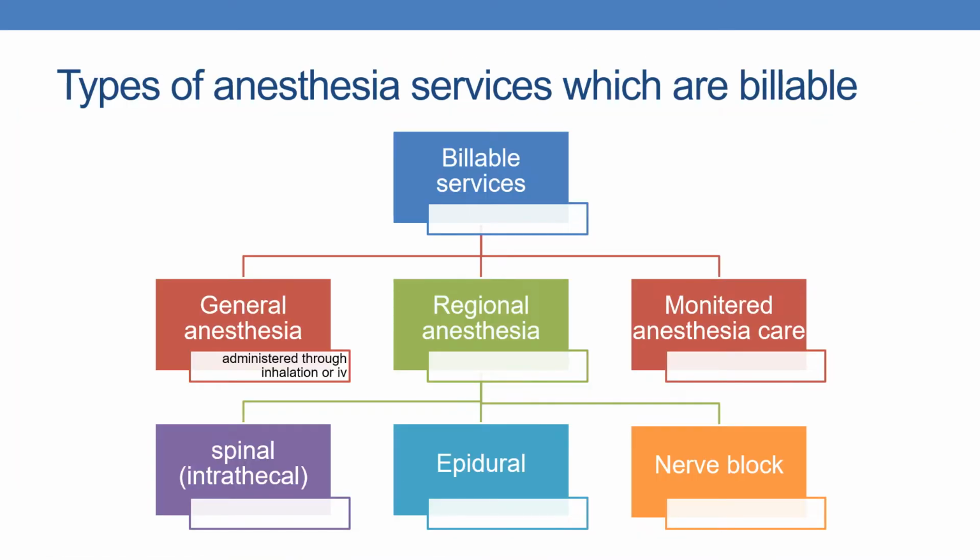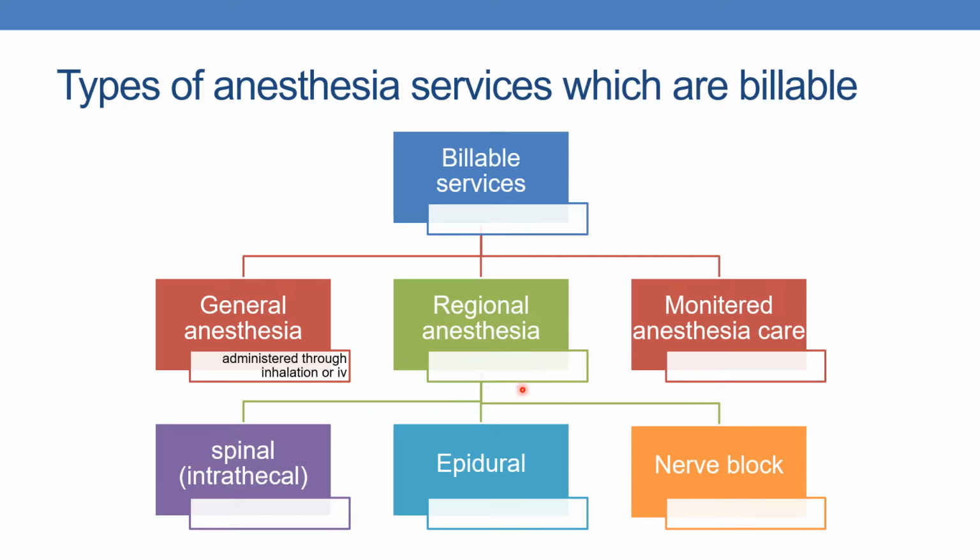Now coming to types of anesthesia services which are billable. There are various types of anesthesia services. Only some services are paid, that is nothing but they are billable. Now let us discuss the billable anesthesia services. The billable anesthesia services are general anesthesia, regional anesthesia and monitored anesthesia care. General anesthesia is usually administered through inhalation or IV.